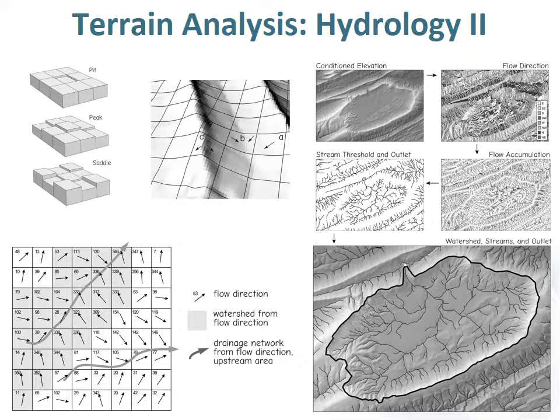Down on the left-hand corner, we've got another version of a DEM showing different values, flow directions, the drainage network of different streams or rivers that would accumulate on the landscape and flow, carrying the water in them away from where the water fell on the cells.